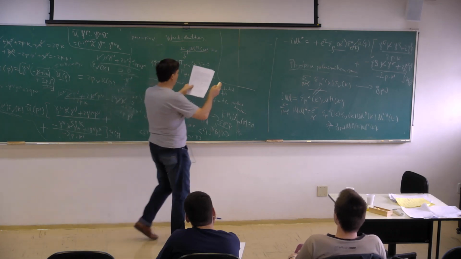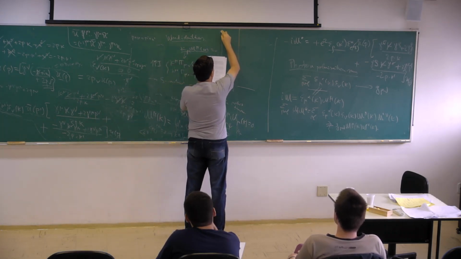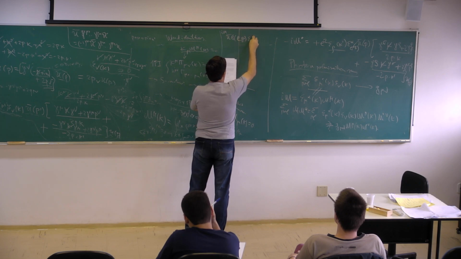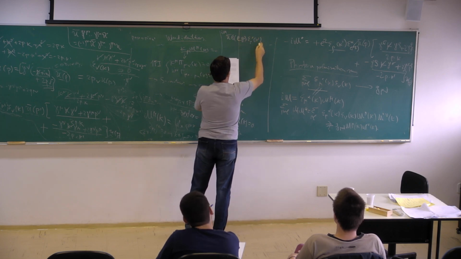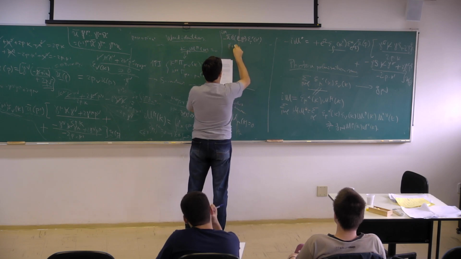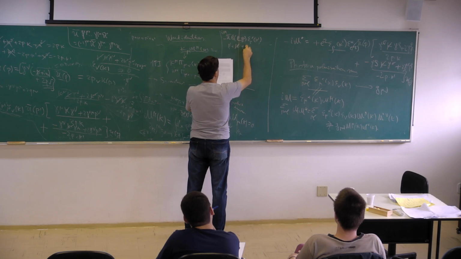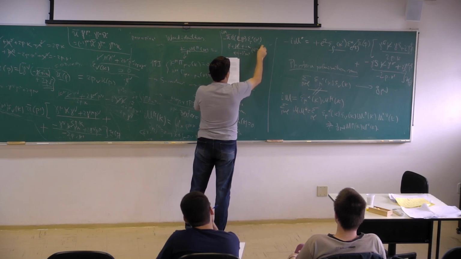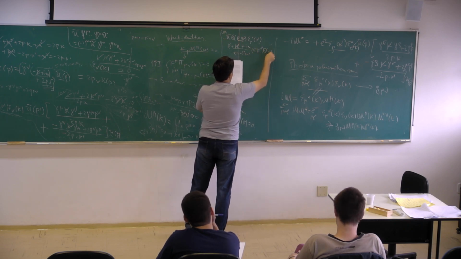So I write the first element in iM as u bar of p prime, i gamma mu, epsilon mu star of k prime, times minus i p slash plus i k slash plus iM over (p plus k) squared plus M squared, i gamma mu, epsilon mu of k, u of p.